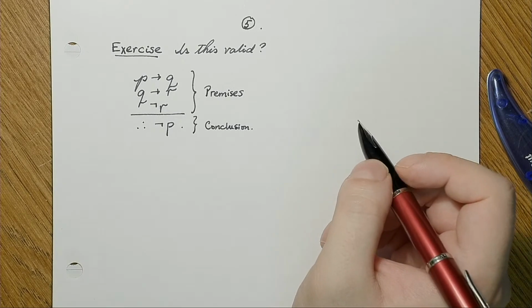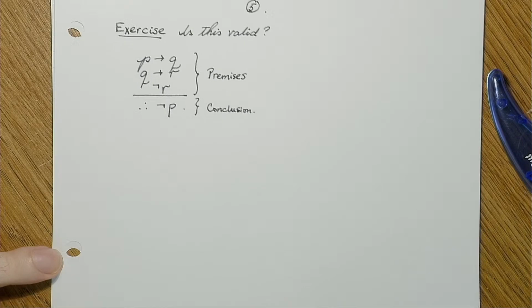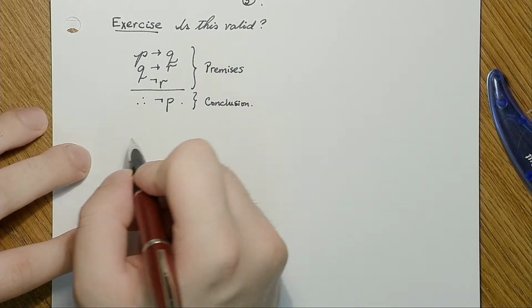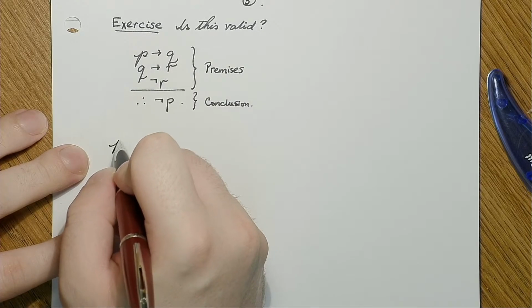Now, okay. So we can quickly check this using a truth table.